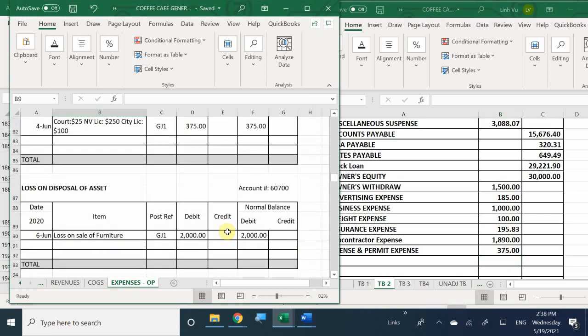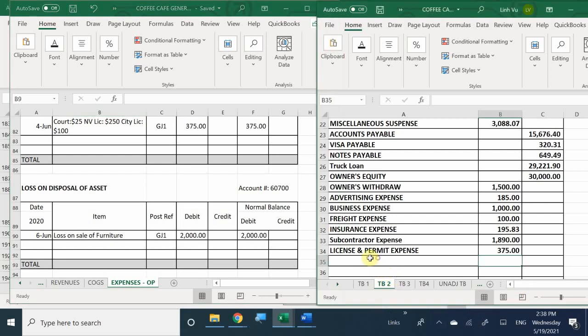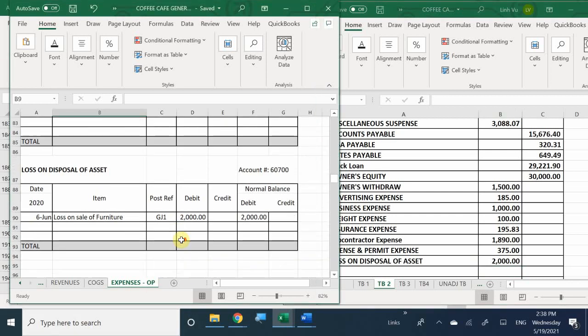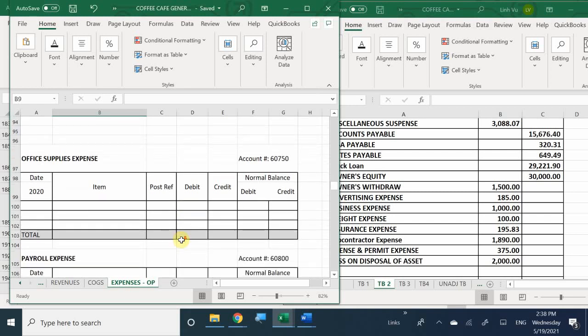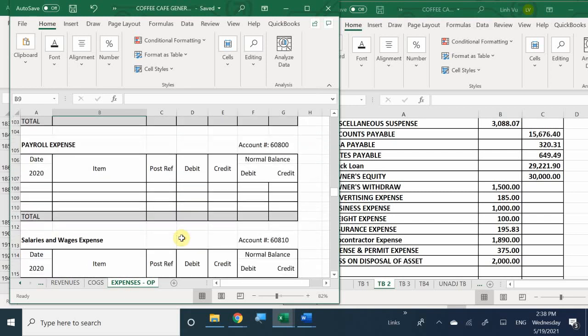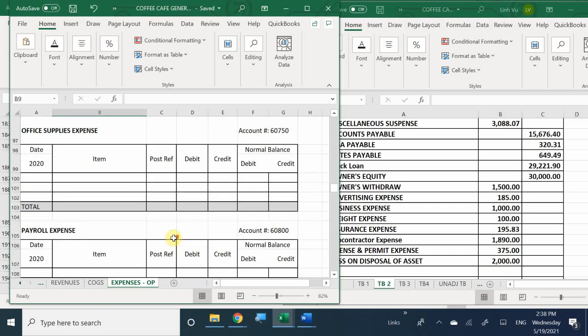We also recognized our loss on disposal of asset in the very beginning, for $2,000. Next we have is office supplies expense. We don't have any office supplies in the first place, so no expenses needed here.